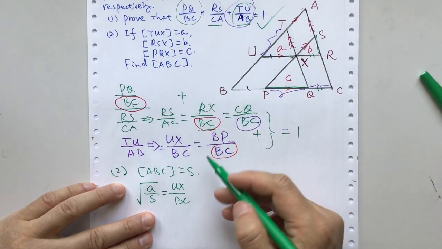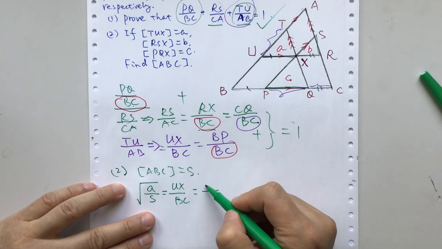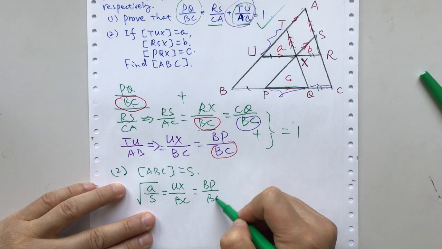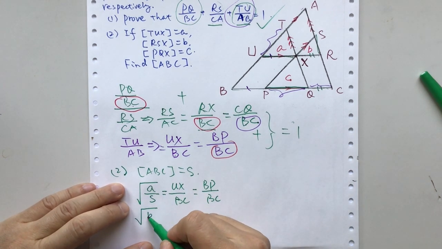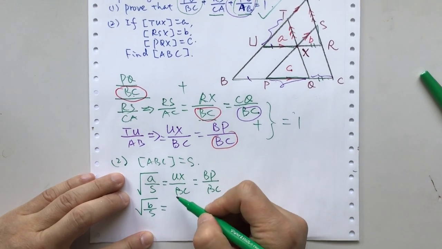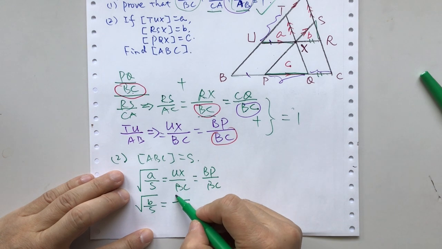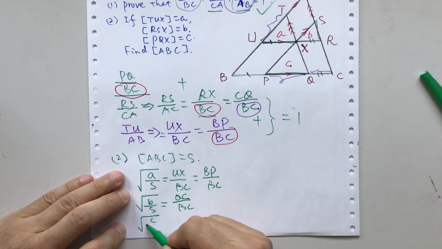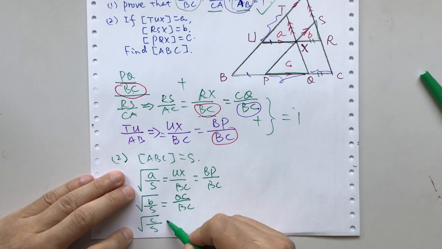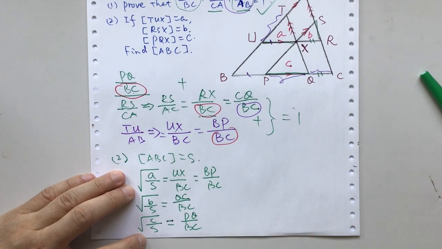From the first conclusion, we can convert it to BP over BC. We can do the same thing: the square root of B over S equals QC over BC, and the square root of C over S equals PQ over BC.